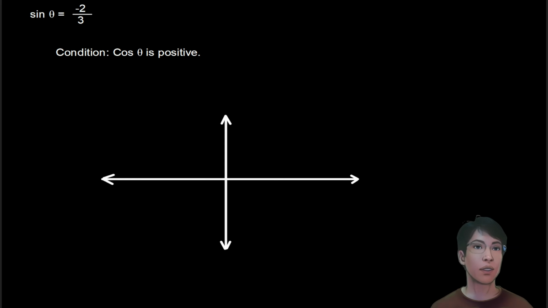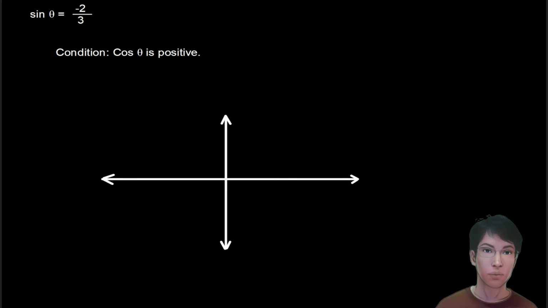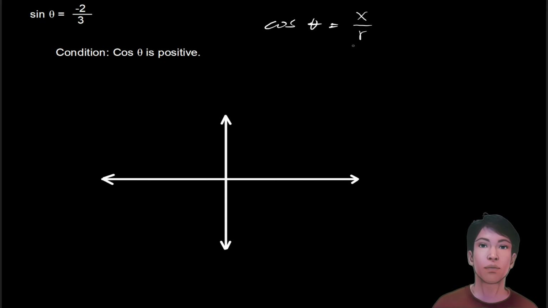So for cosine to be positive, let me write cosine theta over here. What is cosine theta? X over r. For cosine theta to be positive, x must be positive.